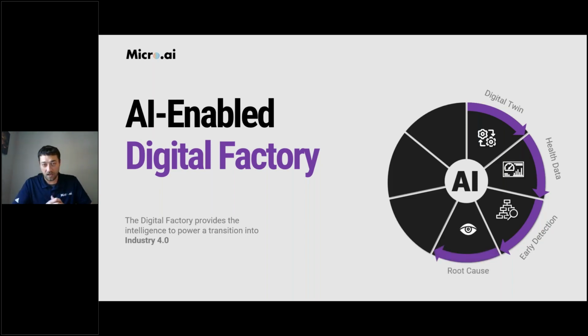So let's say we do have a catastrophic failure on our line, or something bad has happened and now our asset is down, it's no longer working. The root cause analysis is going to provide analysis of what was going on in that machine at that time that caused this to happen.